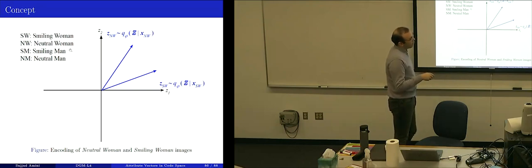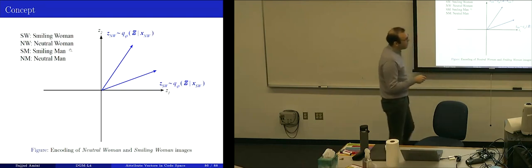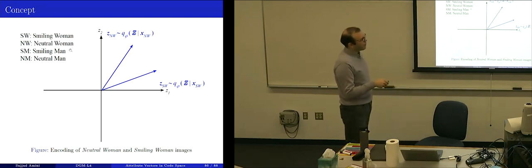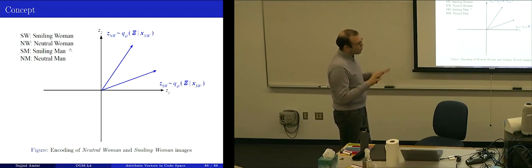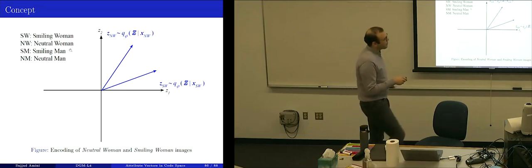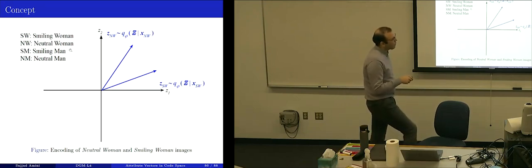I have the approximate posterior model. If I input XSW into that model, I have a distribution over Z, and I can sample from that Z. Assume that this is just a visualization. We generally do not have the latent space dimension equal to 2, but just for simplicity, assume that it is in dimension 2.